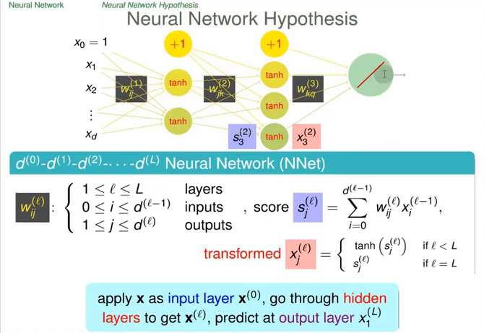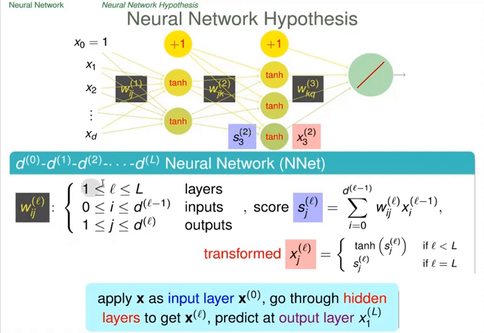Capital L means the last layer. We will use a superscript, as shown here, to refer to a particular layer. For example, the weight of layer 1, weight of layer 2, weight of layer 3 are denoted by superscripts 1, 2, 3.